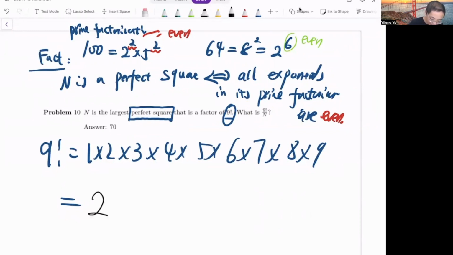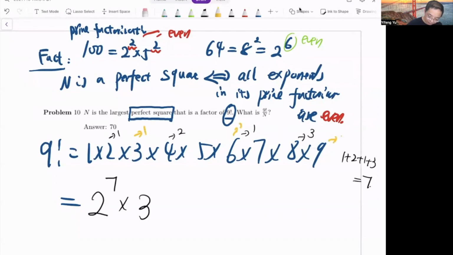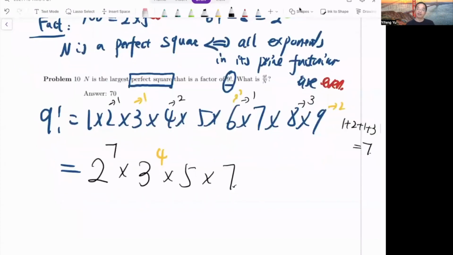How many powers do we have? 4 contributes 2, 6 contributes 1, and 8 contributes 3, plus 2 itself contributes 1. So 1 plus 2 plus 1 plus 3 is 7. So 2 to the power 7, times 3. 3 is contributed once by 3, once by 6, and twice by 9. So 3 to the power 4. And then we multiply by 5 and 7, just one 5 and one 7. Okay, so this is 9 factorial.